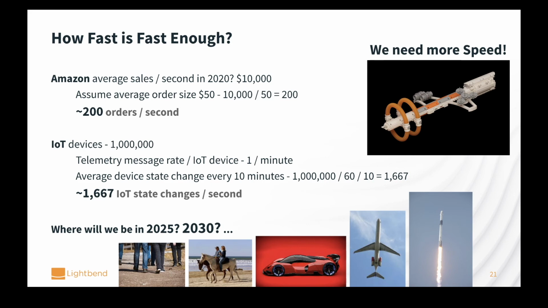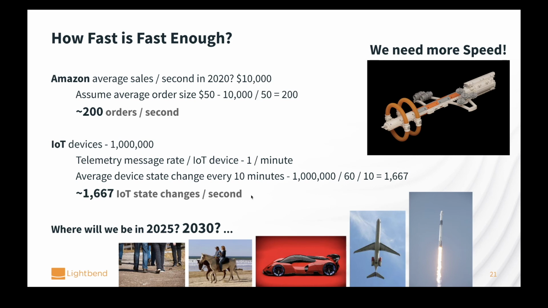Amazon. A little bit more theoretical, but I did a little bit of math, and I said, assume that we have a system that's handling 1 million IoT devices, and that those IoT devices are constantly sending telemetry messages just to say, I'm here, I'm alive, and maybe to communicate some kind of a state change. But they're sending messages about once a minute.